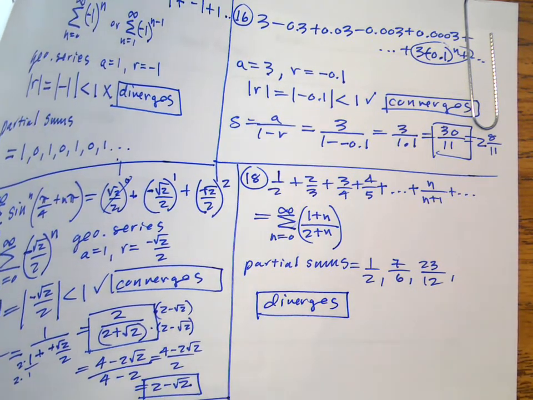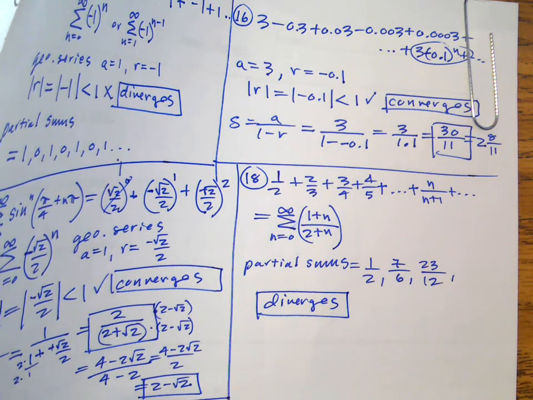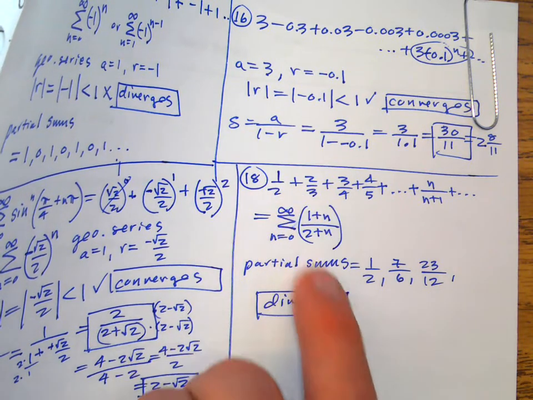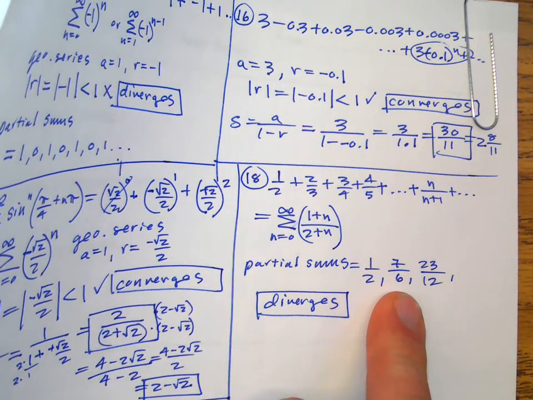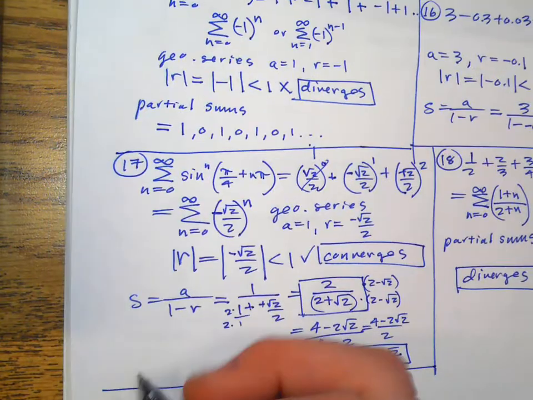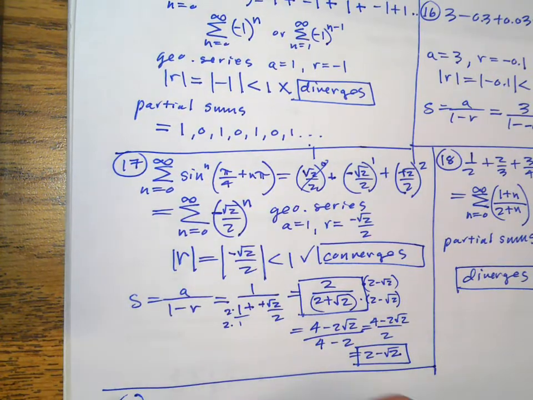It diverges. Assuming I did that right, 3 plus 4 is 7. Yeah, that looks right. Okay, all right.